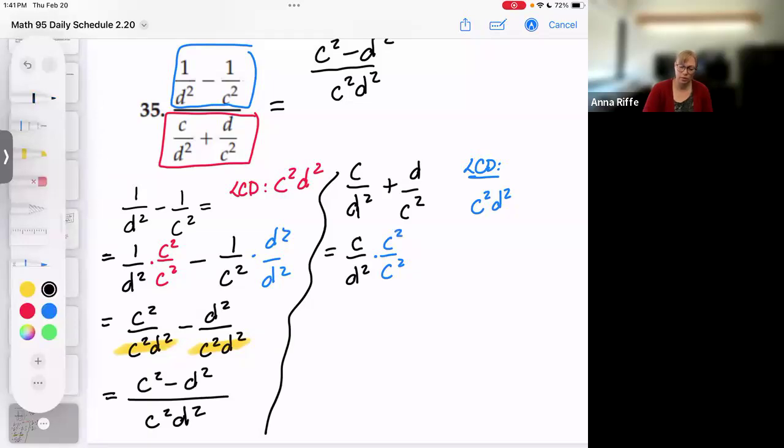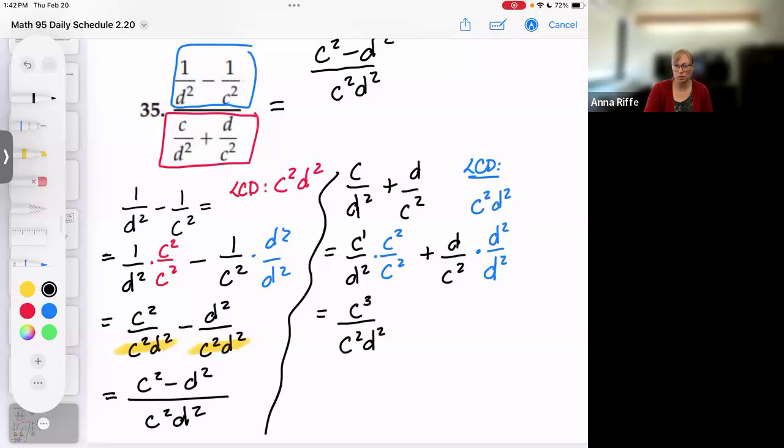Okay, plus d over c squared. Looks like that one's missing the factor of d squared on the bottom. So I'm going to multiply the top and the bottom by d squared. So c to the 1 times c squared is c cubed over d squared c squared, or c squared d squared.